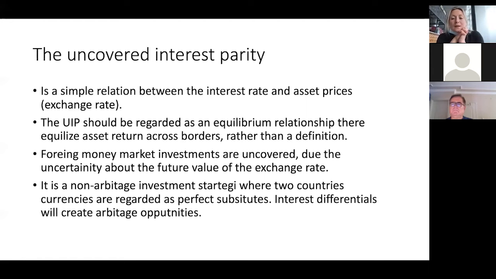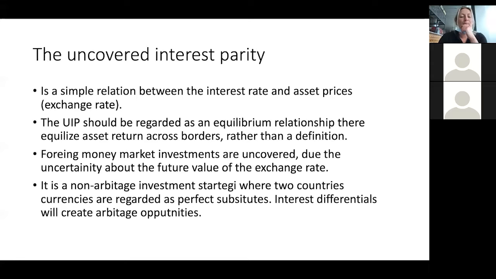And if there is an interest differential between two countries... Linet, sorry to interrupt you, but can you clarify what you mean in the last line? Can you go through once more, please? Which one? The non-arbitrage? Yeah, arbitrage strategy. And if there is an interest differential, currencies seem to be perfect substitutes.